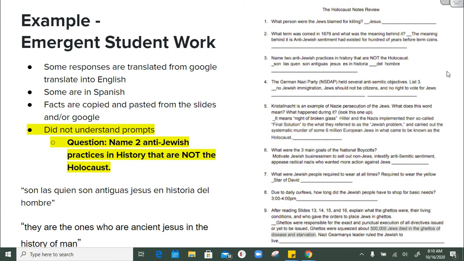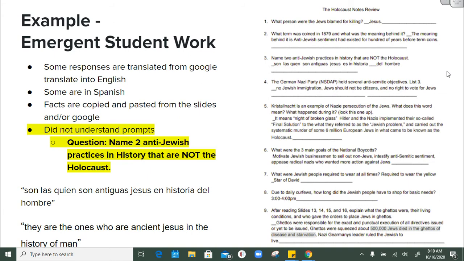So, for example, question 3 says, name 2 anti-Jewish practices in history that are not the Holocaust. This emergent student wrote her answer in Spanish, which is just fine.